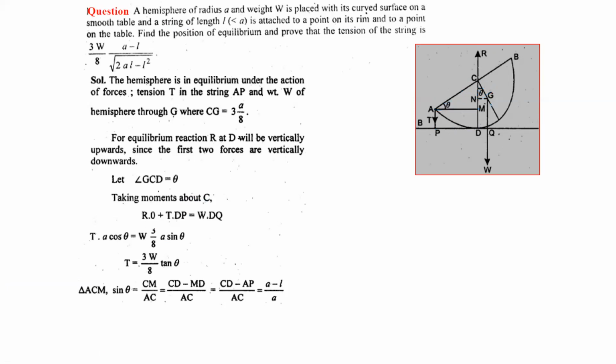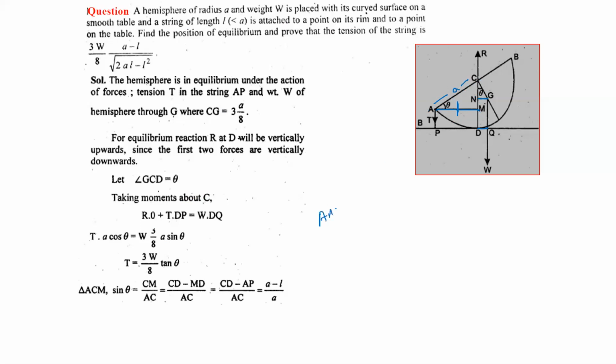So why are we supposing these two angles? Because we need the length of DP, which is evaluated if AM is evaluated, because AM is equal to DP, and DQ will be evaluated if we get GN, because GN is equal to DQ. So in both the triangles, the radius of this is a, so the hypotenuse is available to us and we need the base.